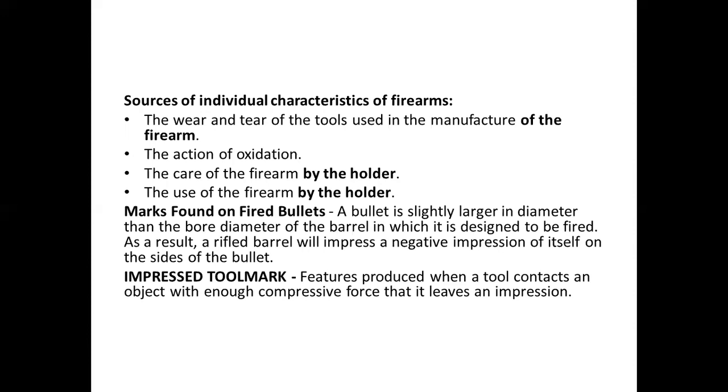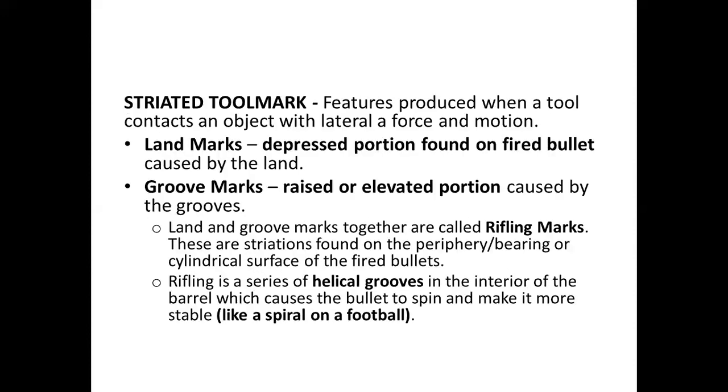A bullet is slightly larger in diameter than the bore diameter of the barrel in which it is designed to be fired. As a result, a rifled barrel will impress a negative impression of itself on the sides of the bullet. Impressed tool mark features are produced when a tool contacts an object with enough compressive force that it leaves an impression.